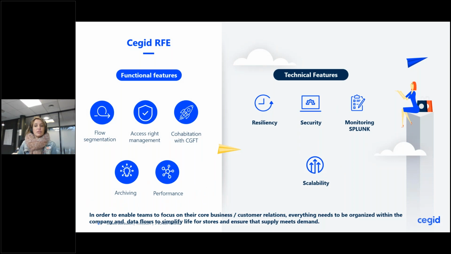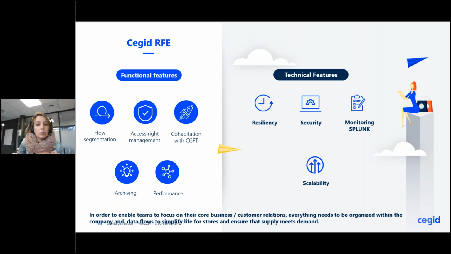Here is a brief summary of what RFE can do for you, both functionality and technology. I will go into more detail in the following slides. From a functional point of view, RFE enables you to segment your flow in complete security according to your ecosystem.